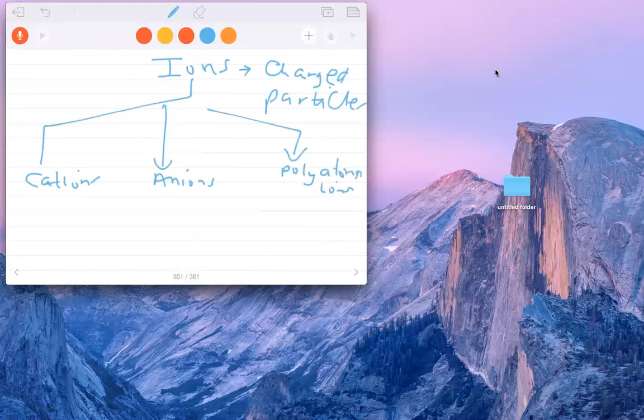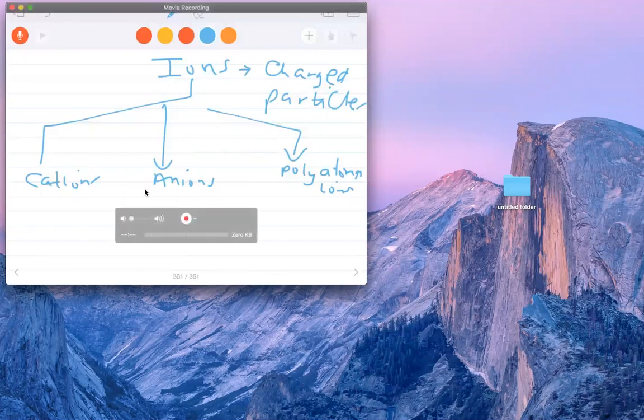In order to understand how to name and write the chemical formulas for ionic compounds, you need to understand the anatomy of ions. Ions are charged particles and can either be cation, anion, or polyatomic ion.